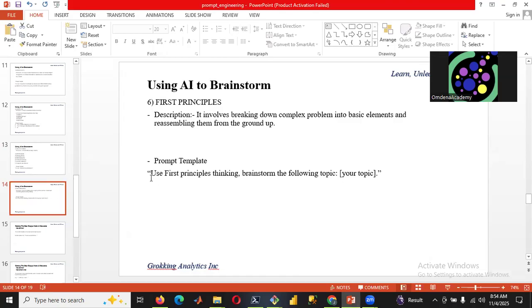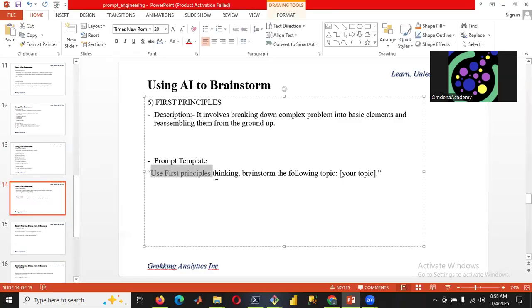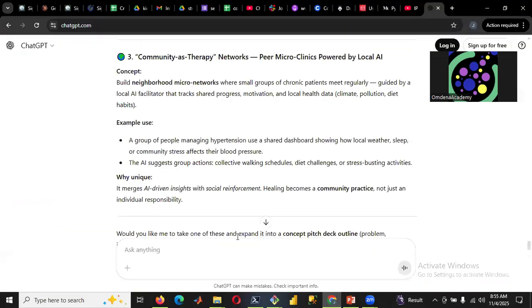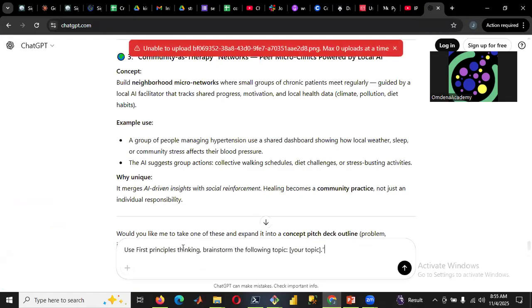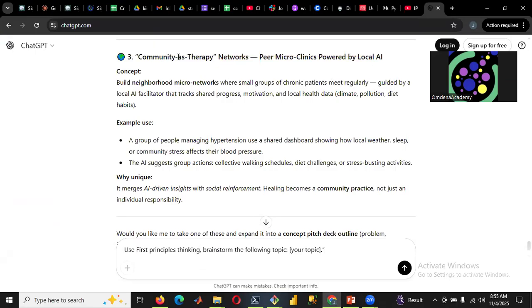Remember, we were talking about chronic health just now, and we saw a project called AI-driven this thing. So we can use first principle thinking to brainstorm on the following topic. What is the topic? We call it AI community as a therapy network.